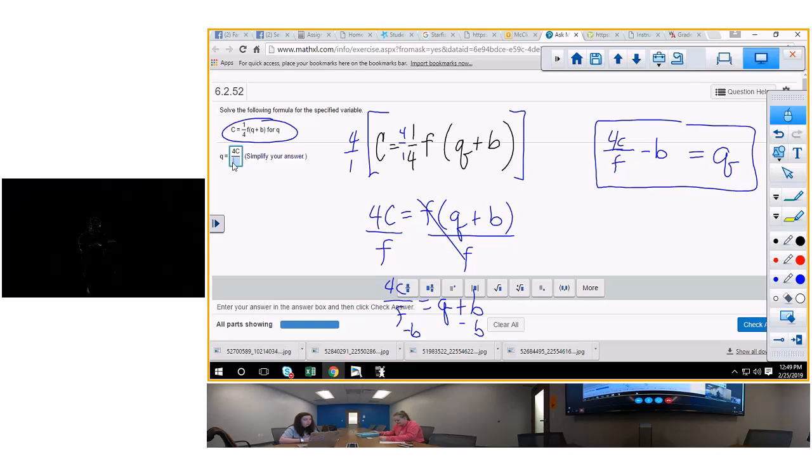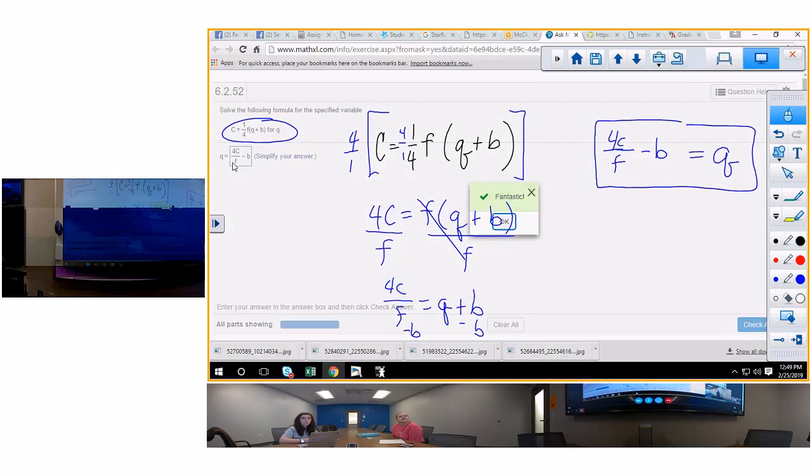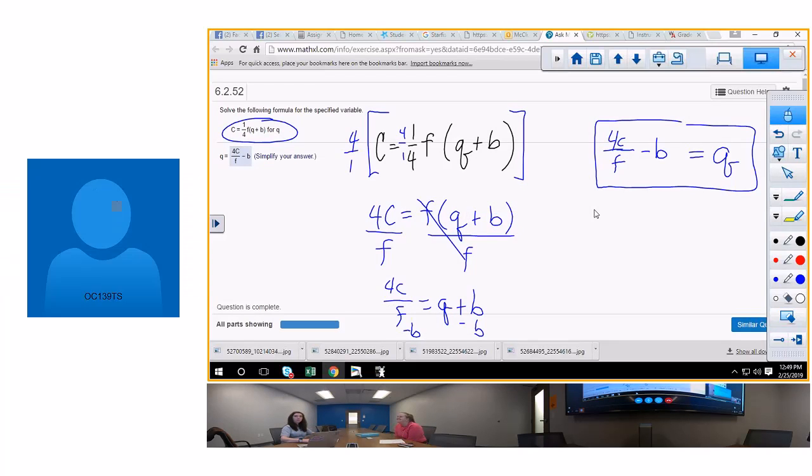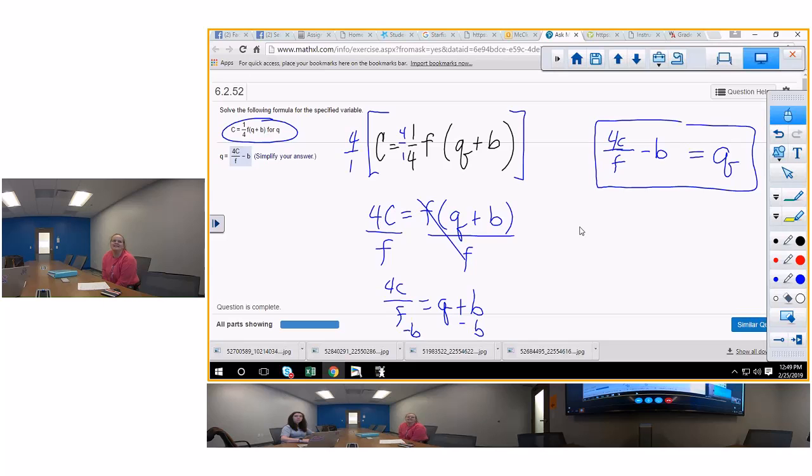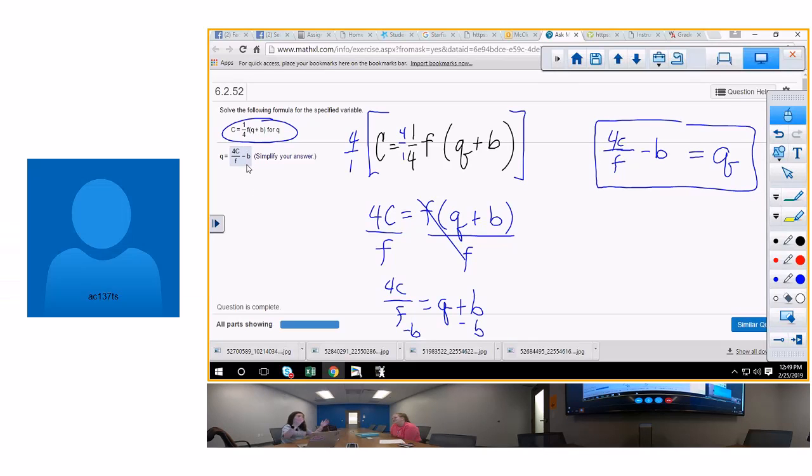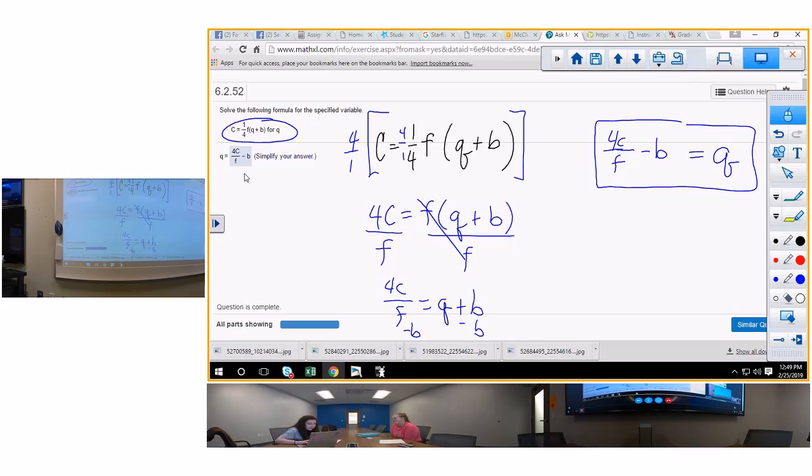All right, so 4C over F, and then put a minus B. Let's see if we know what we're doing. She typed in the same thing and it told her it was wrong. Yeah, that happens. If it happens on a test, I'll give you credit for it if you got the right answer.